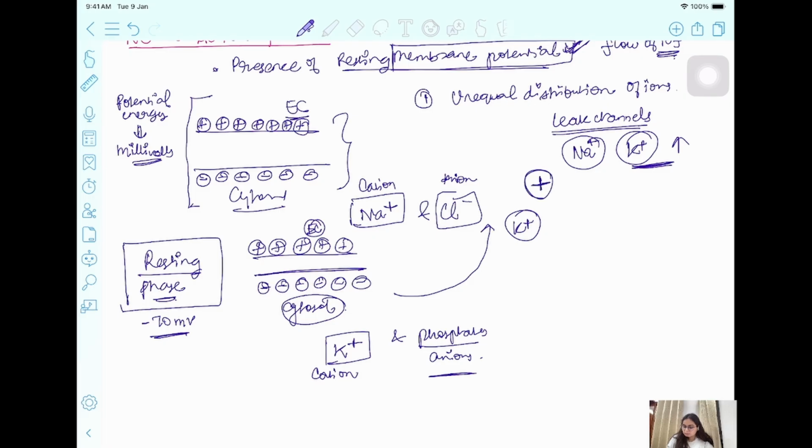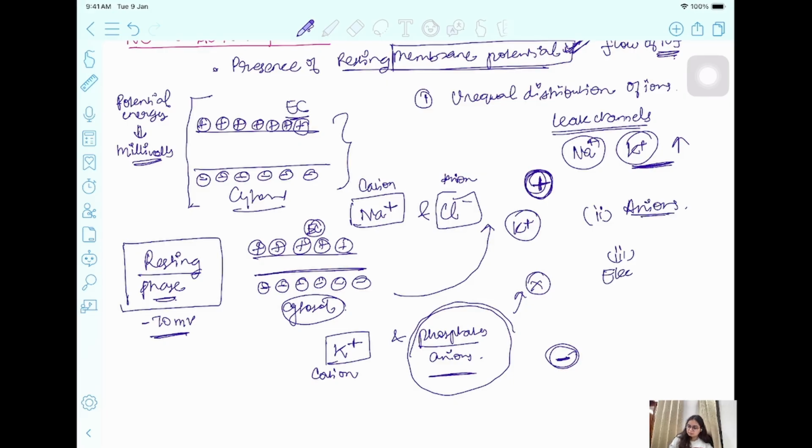becomes more positive. The second reason for development of this resting membrane potential is inability of these anions to move out of the cytosol. Therefore, the inside becomes more negative and the outside becomes more positive. Then comes the third part, which is electrogenic nature of the sodium potassium ATPases.